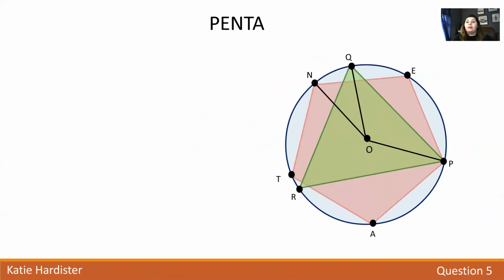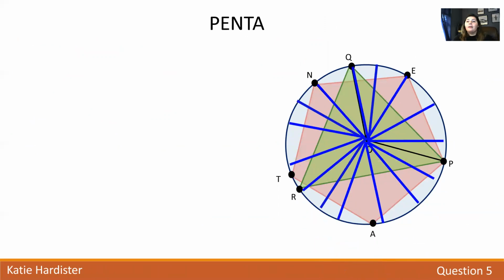So jumping to our next question, this is going to be a pentagon. And so if I was to take this pentagon, and I didn't make it perfect, but if I was to divide this into equal sections. So I did my best, but if we were to draw equal sections, we would see that there are 15 triangles here.